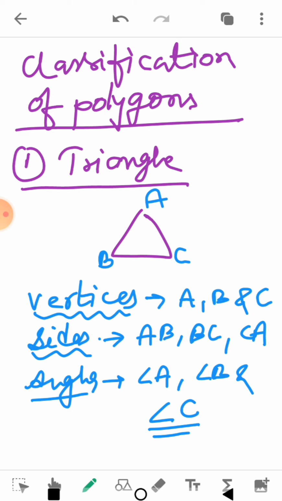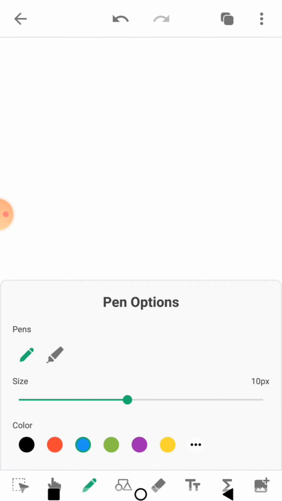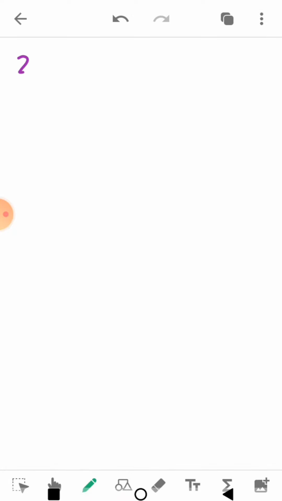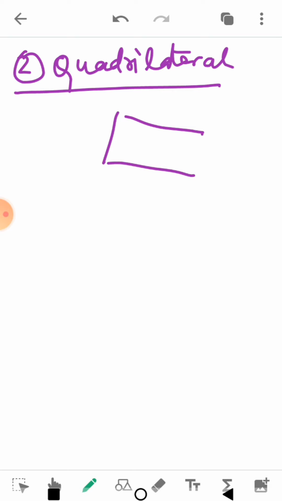Now we shall study the second classification of polygon, that is the quadrilateral. Quadrilateral means having 4 sides.